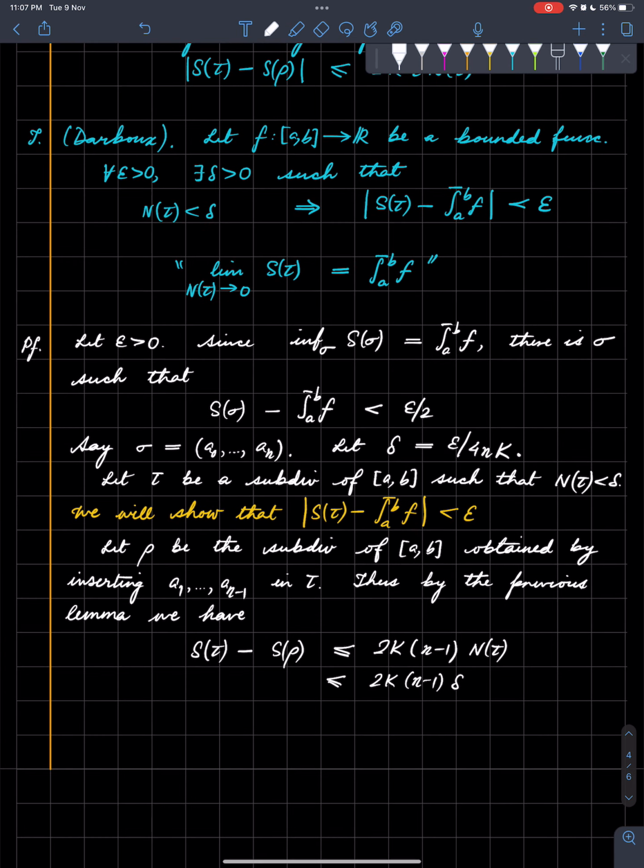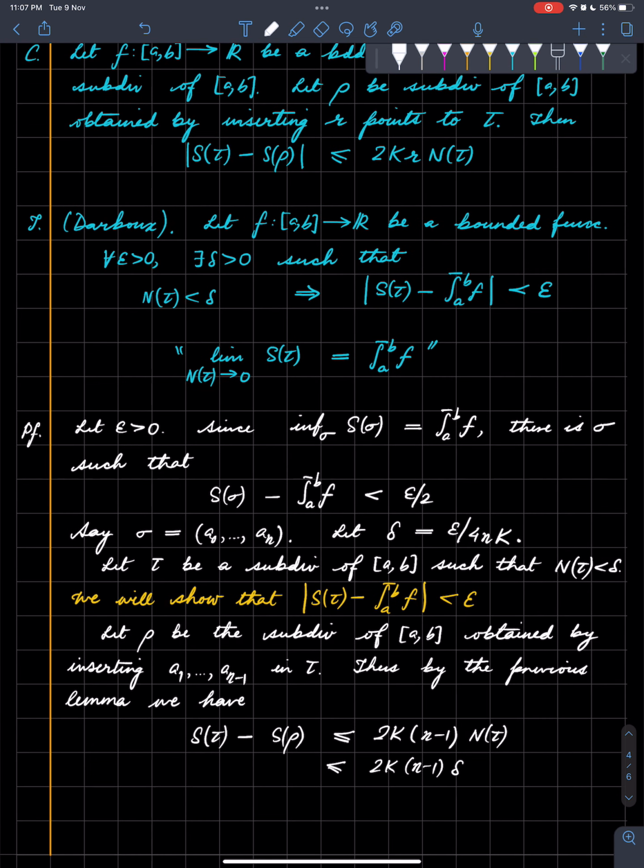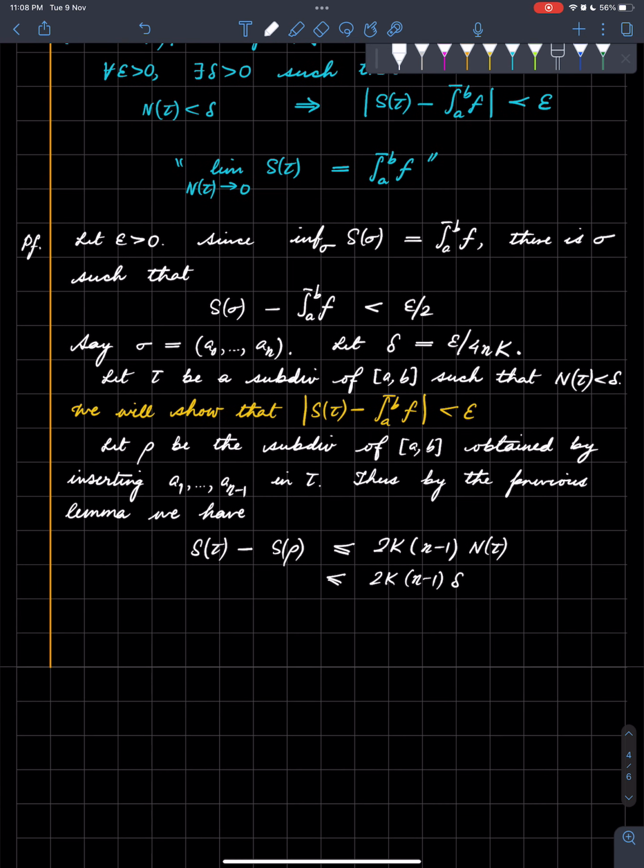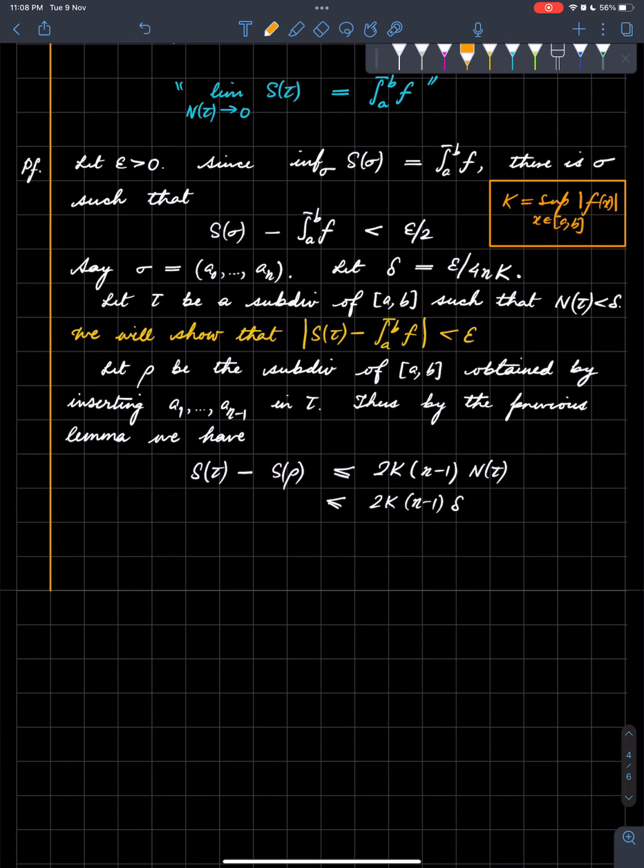Well, I did not say what is k here, but I hope you understand. So k is what it has always been. K is the supremum of mod fx over the entire domain. So that is k. Sorry about not mentioning it earlier.